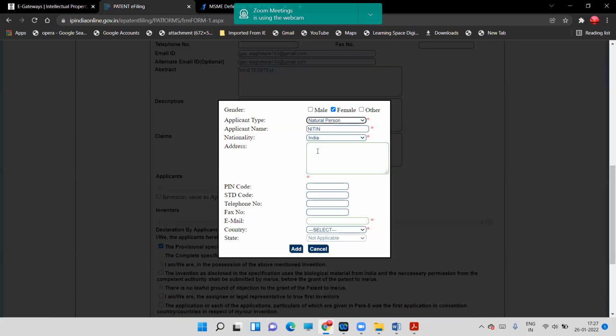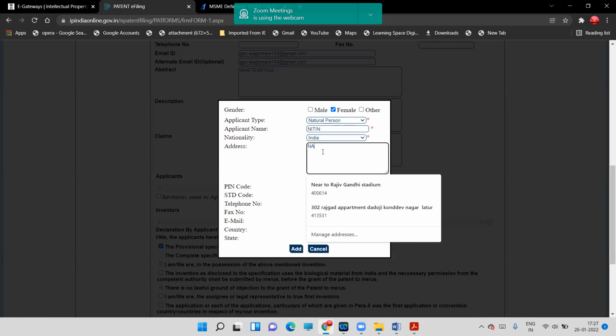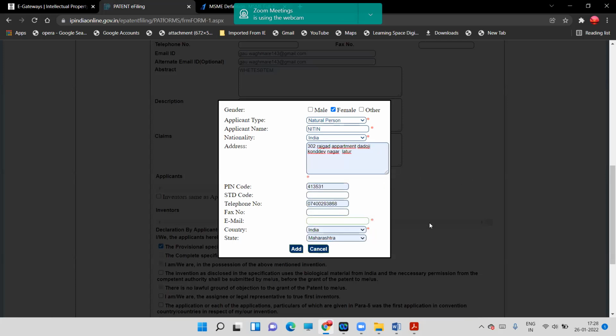Okay, so put the address here. Ma'am, in case of others, like if applicant is a company, then okay. Yes, tell me now. So what to put in gender? We need to go for other, right? Other, yes, other. Ma'am, other is different, right?